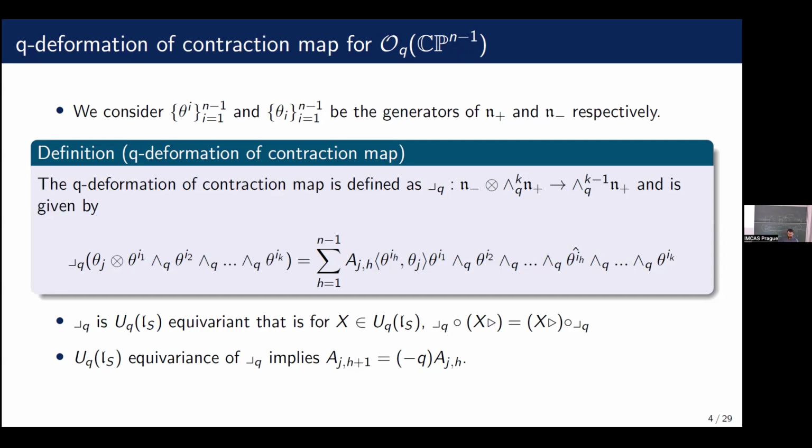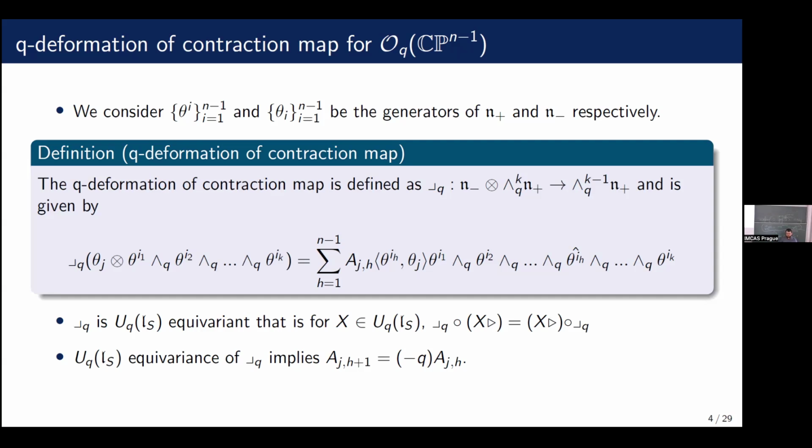Here A_j is the coefficient which tells you how much of the power of Q will come out when you contract by the nilradical. I mean, you are eliminating one of the kth generating elements with the help of n minus. So it will tell you how much you have to pay for eliminating this guy.